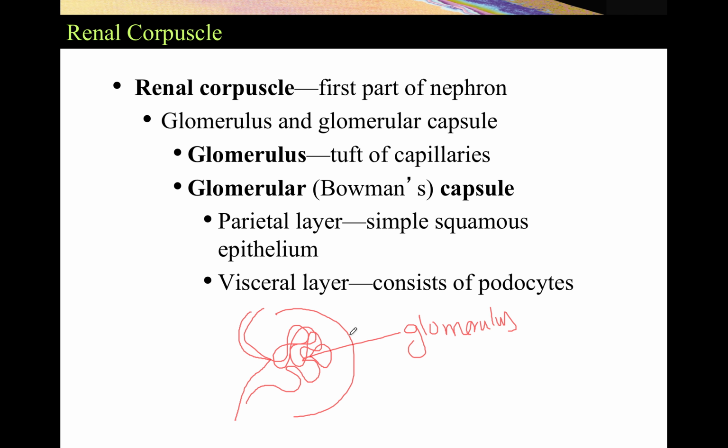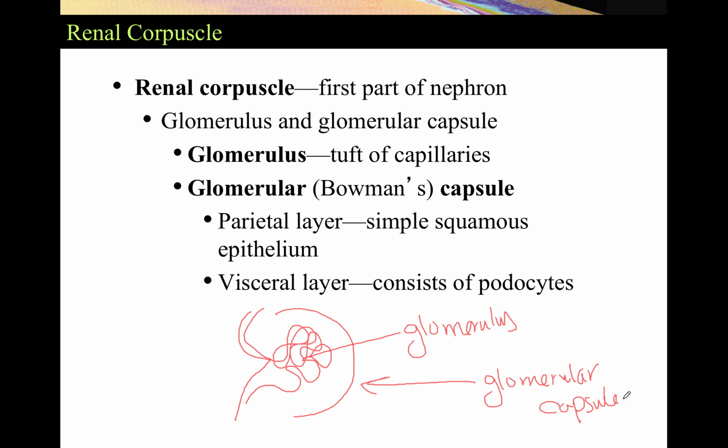Glomerulus. And then you have the shell that surrounds that, which is called what? The glomerular capsule, right? It is also referred to as the Bowman capsule, something to know. It's named after the person who discovered it. But we're starting to use the more common terminology, which is the glomerular capsule.